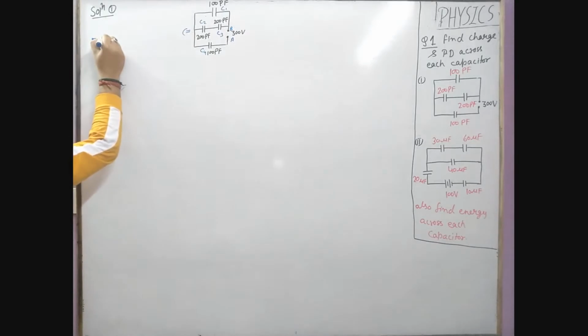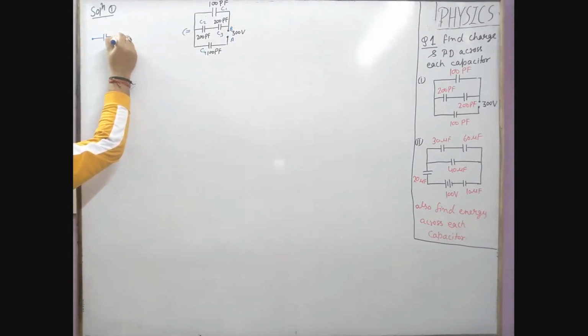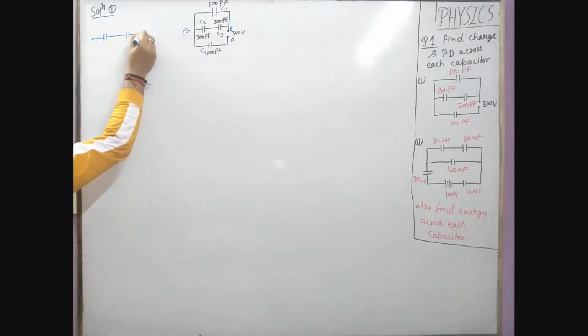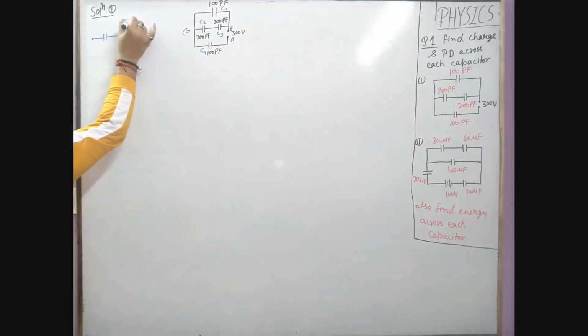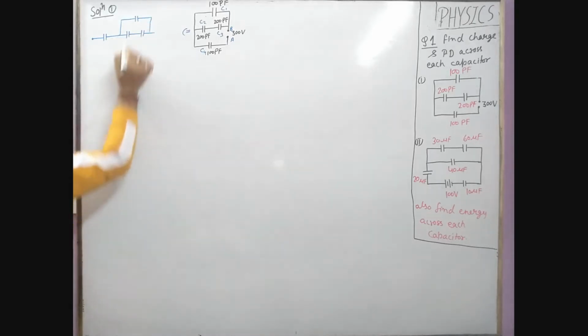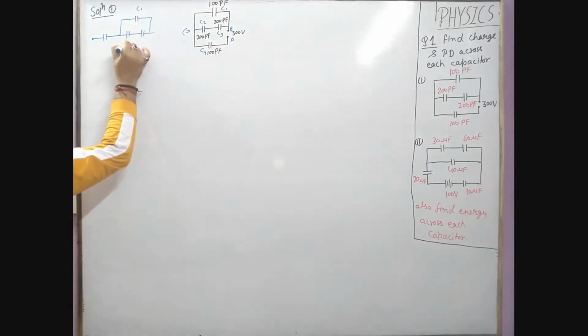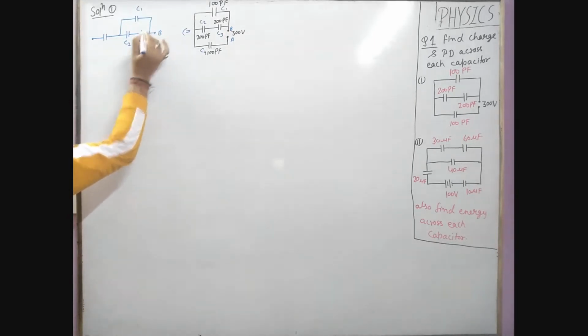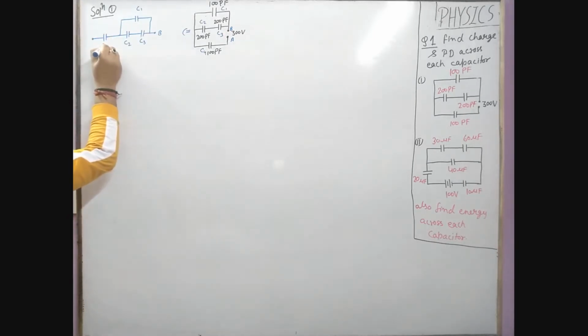From point A, this, in which this is C1, this is C2, this is C3 and this is point B and this point is C4.